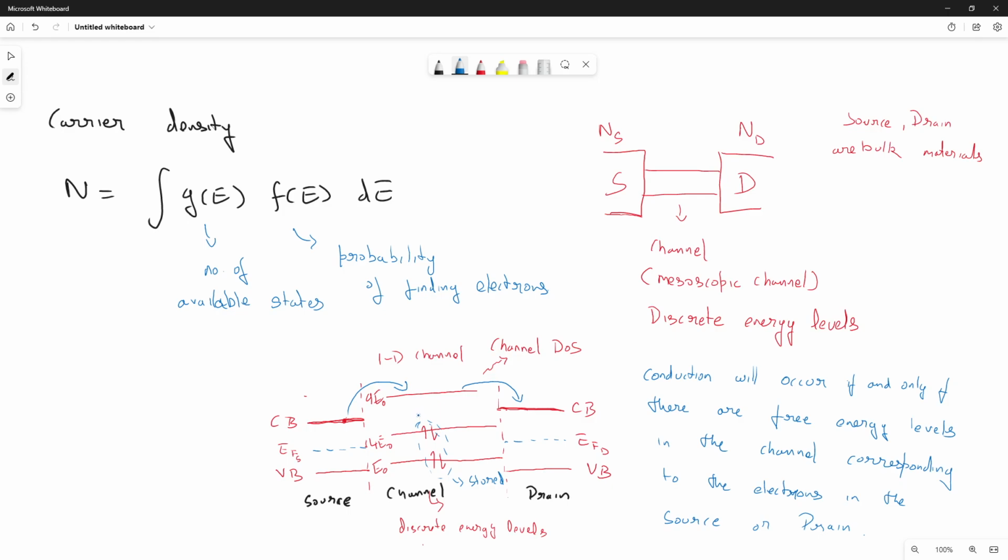In this example, the 9E0 state is empty. So first an electron will have to jump here, sit in this energy. Whatever this energy gap is, that energy has to be supplied, and then whatever this energy gap is, that energy will be emitted and it will jump down. So an electron will start from here, go into the channel, then lose energy and come into the drain. Is that clear?